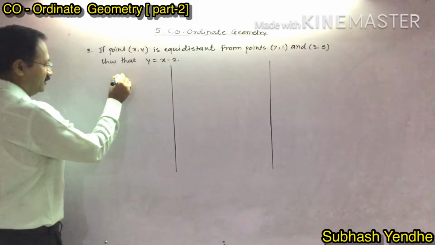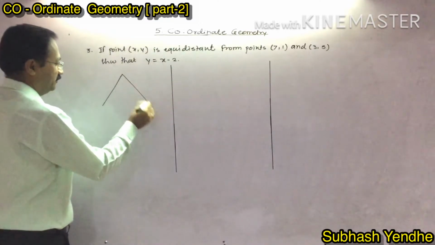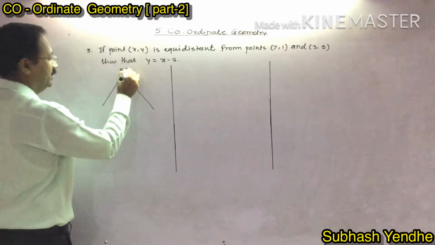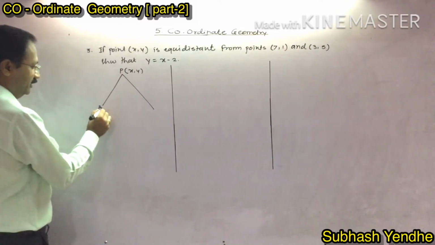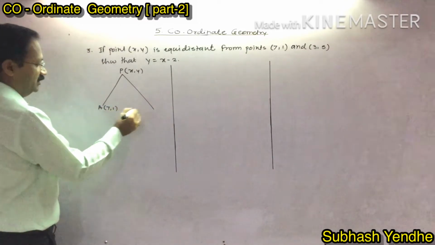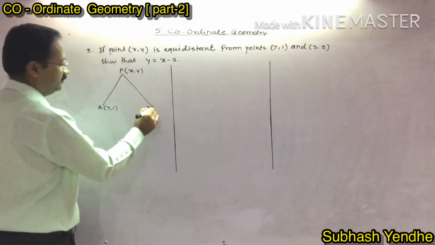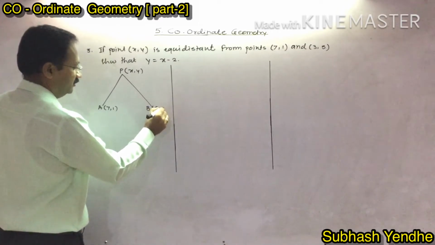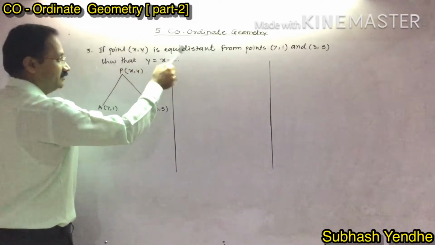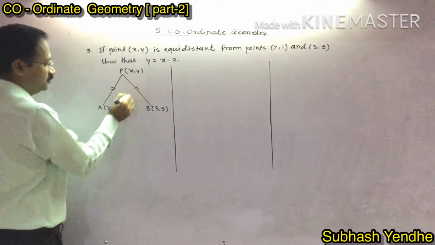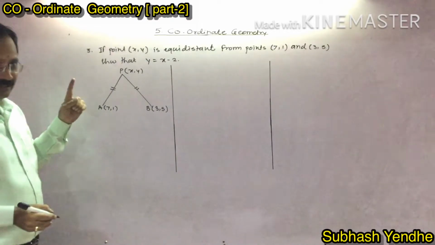It means suppose this is a point P which has coordinates x and y, and the point A whose coordinates are 7 and 1, and the other point B whose coordinates are 3 and 5. What they are saying is that this is equidistant. It means these two distances are equal.